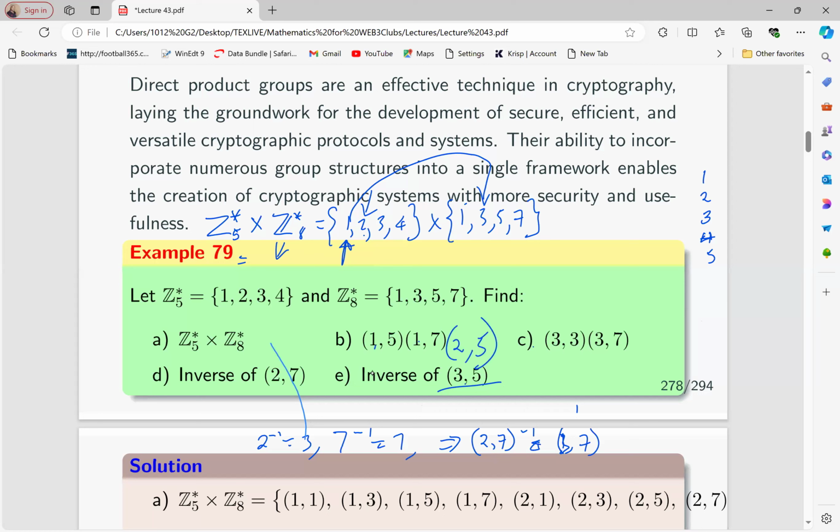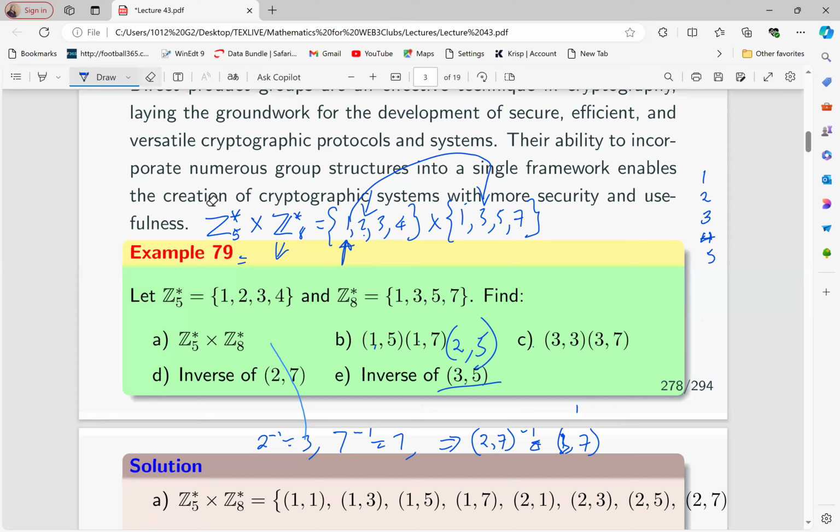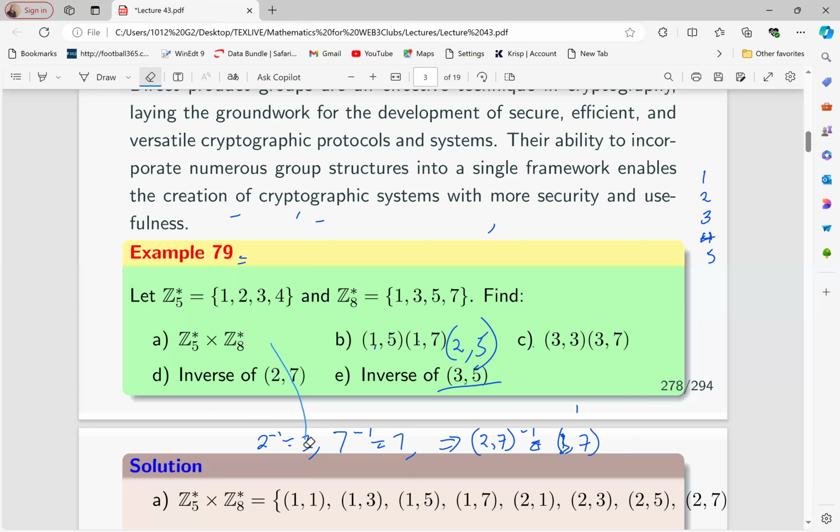That is the inverse. So that's how you get the elements of a direct product, and of course, how you multiply the elements of a direct product, and how to get the inverses, and of course, how to get identity. I already told you. For instance, in this case, our first group is multiplicative.